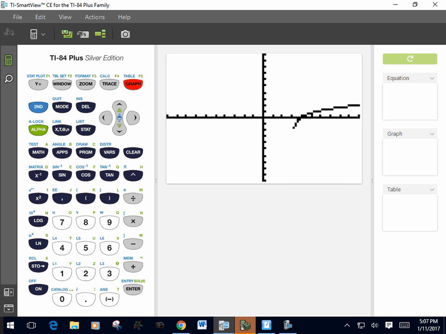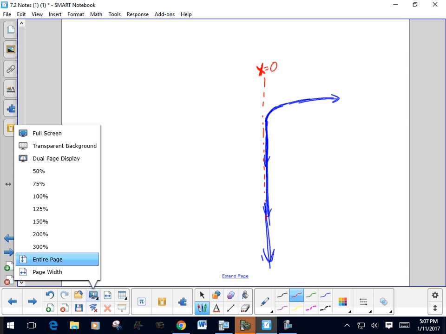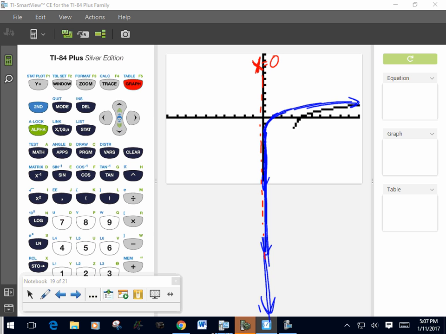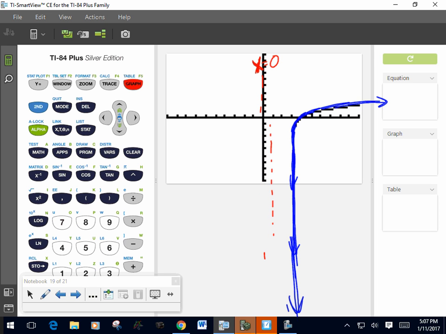Well, it looks like I need to get my screen so I can write on it again. Instead of having this asymptote over here, I'm going to shift that over. It should look like this, with the asymptote also shifted over at a new value, x equals 3.